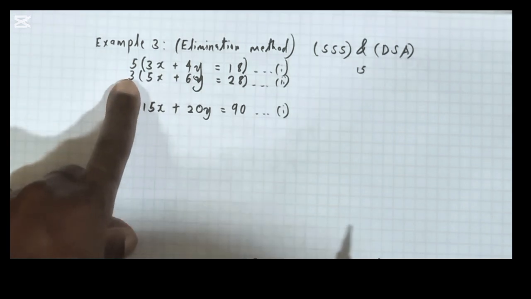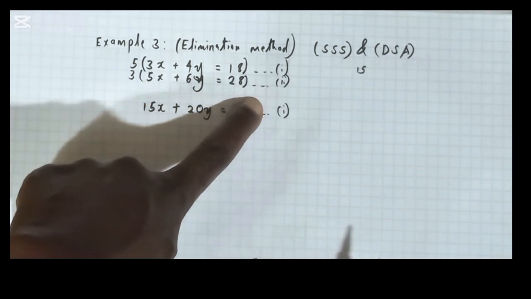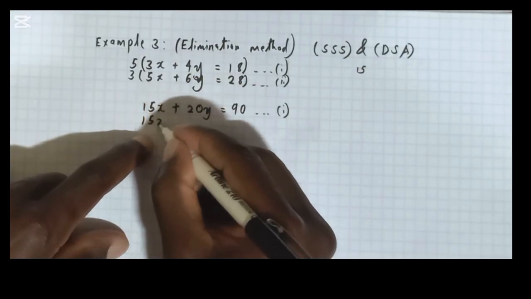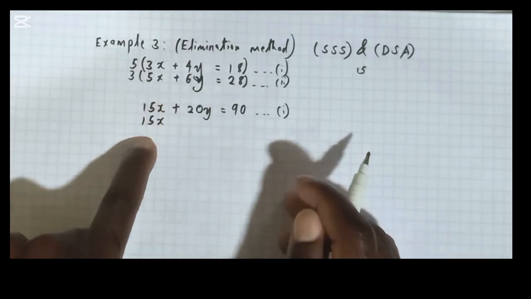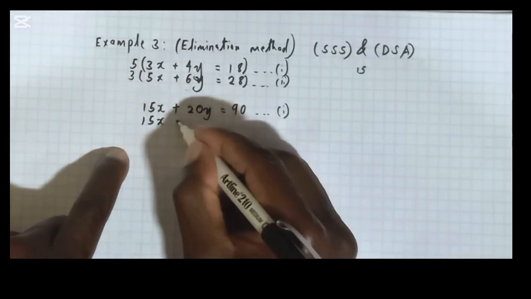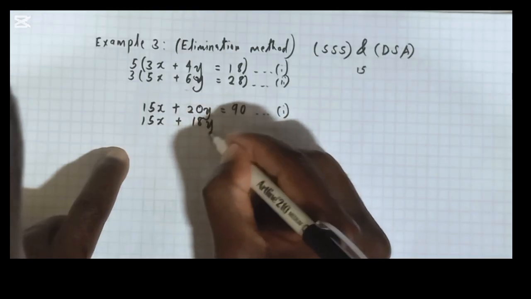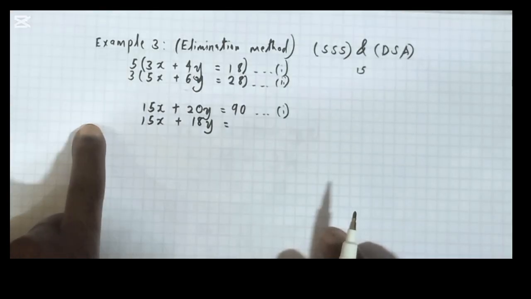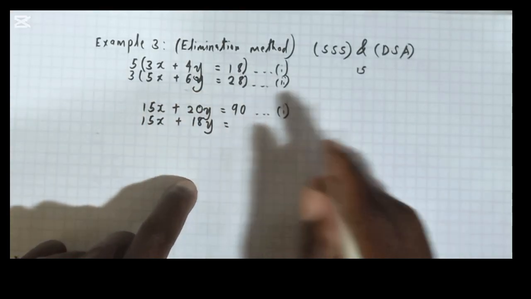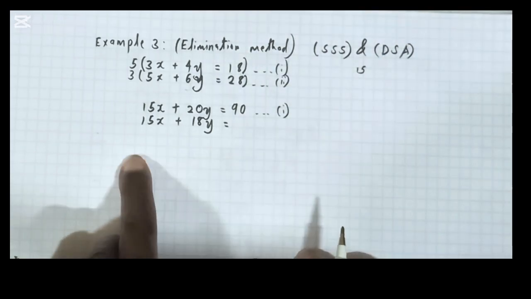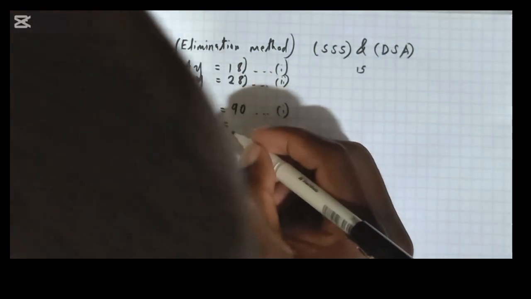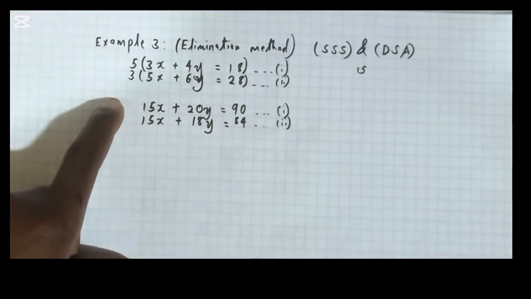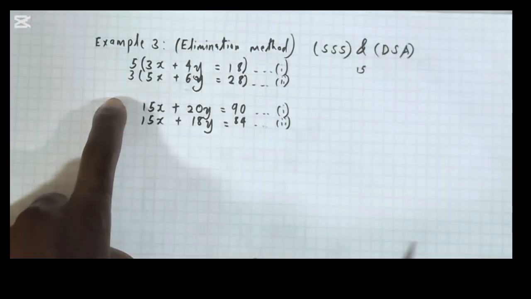Now for the second equation, we're going to take 3 times every term as well. 3 times 5 gives us 15x, and then 3 times 6y gives us 18y, and finally we take 3 times 28, and that will give us 84.